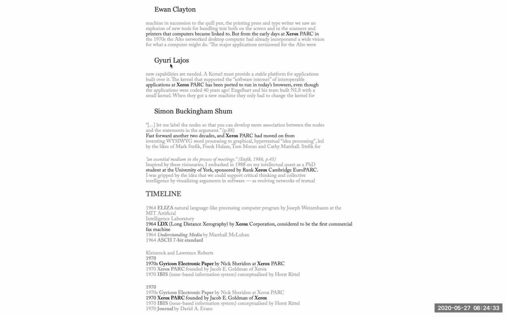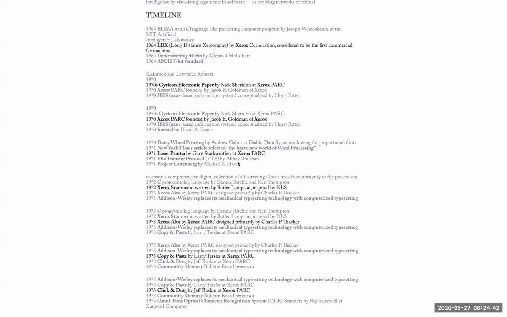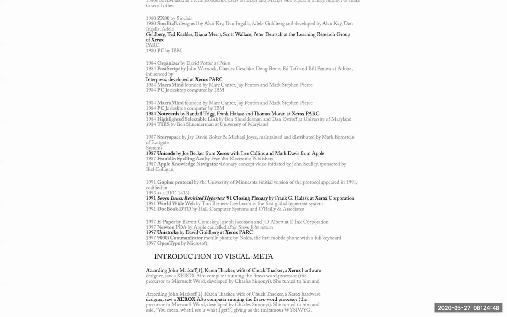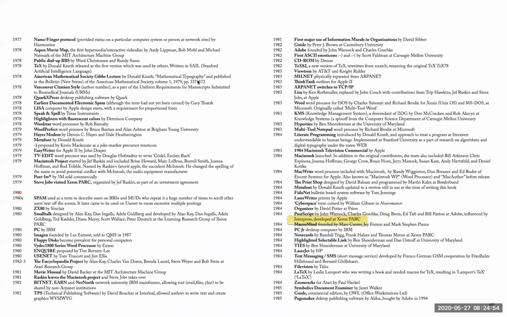So you can say Ewan and Jury have been writing about Xerox as well as Simon. And if you look further down, this document happens to have a timeline. So we can instantly see dynamically all the entries for Xerox in the timeline.